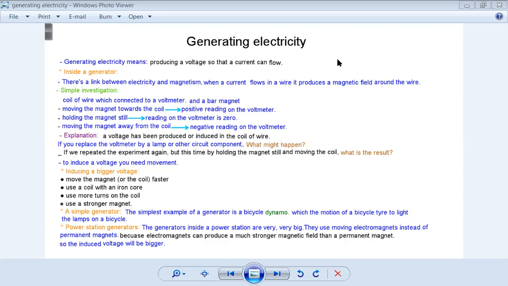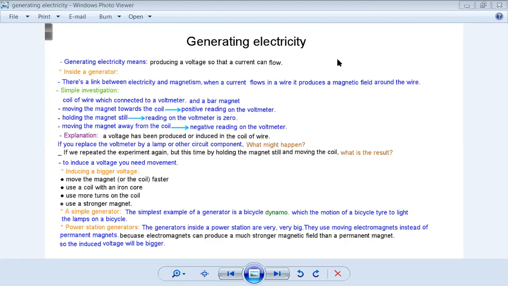If we hold it still, we will have zero reading. If we move it away from the coil, we will get a negative reading. If we replace the voltmeter with a lamp, a buzzer or a motor, the current will flow through them and they will light up, make noise, or move.